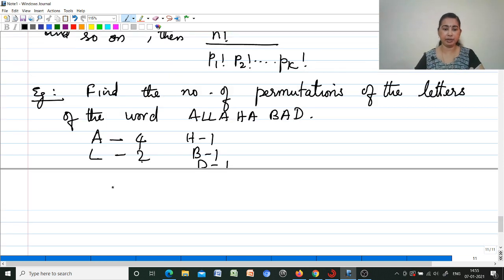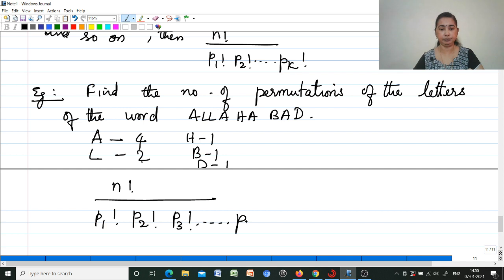So, that is n factorial divided by p1 factorial into p2 factorial into p3 factorial into etc., pk factorial, that is equal to n factorial. n factorial, how many elements are here? 1, 2, 3, 4, 5, 6, 7, 8, 9.